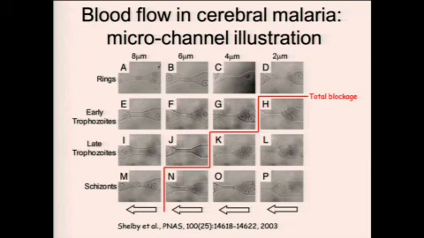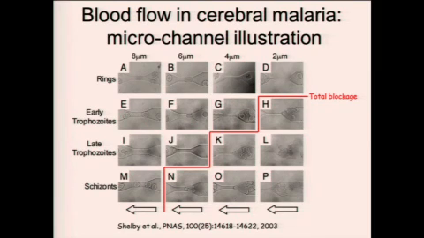So in the ring stage, you have about 1 bug per cell, and then they grow in number until you get to the croissants, where you have a dozen to a dozen and a half inside. This red line separates out total blockage. In other words, all the squares below the red line, there is total blockage.